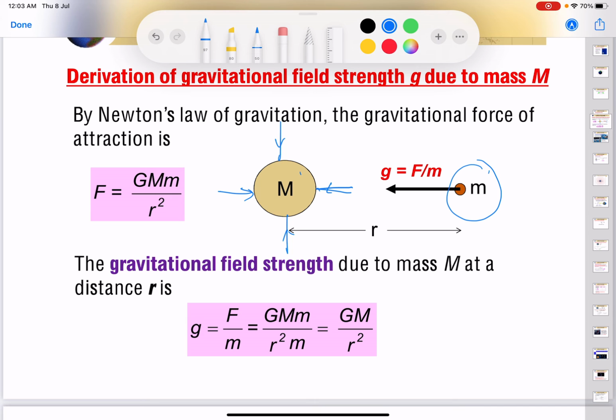To find the gravitational field strength at this point, we take the force on m, which is this force, divided by the mass of this small m.